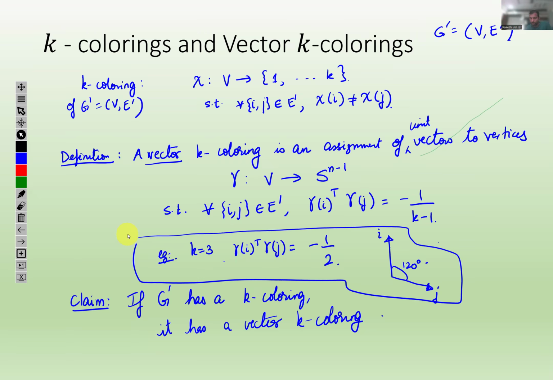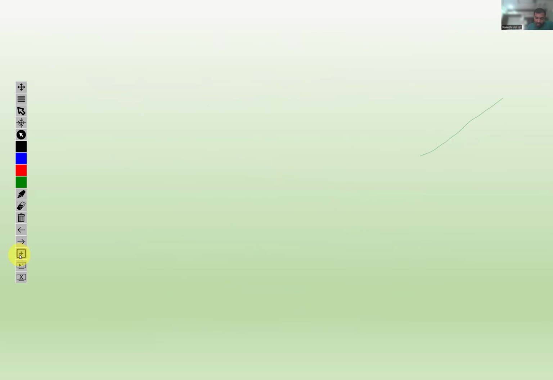So how do I show this? If G has a k coloring, it has a vector k coloring. Well, the construction is actually quite easy.